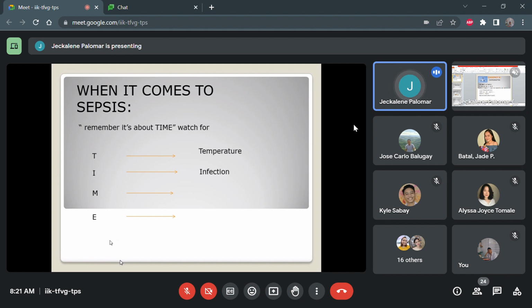I is for infection. M is for mental decline, if the patient is confused, sleepy, or difficult to rouse. E is for extremely ill, with severe pain, discomfort, or shortness of breath. So, temperature, whether higher or lower than normal. And then infection, whether there are signs and symptoms.